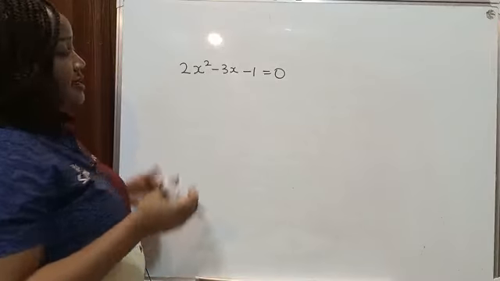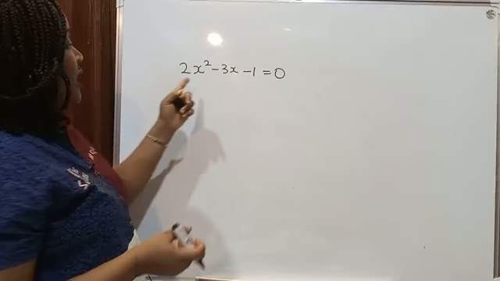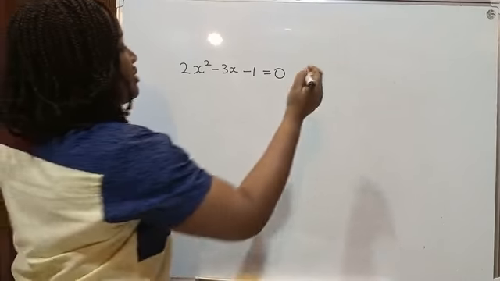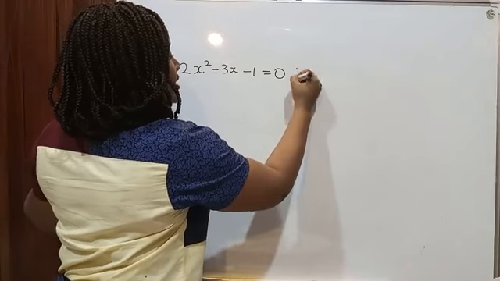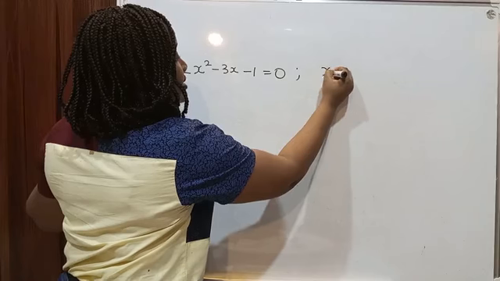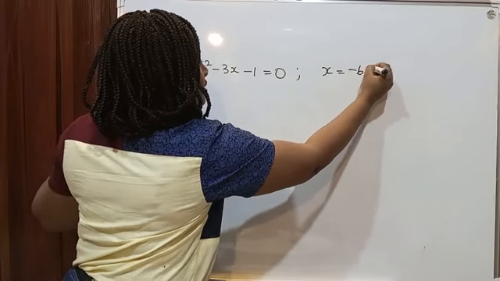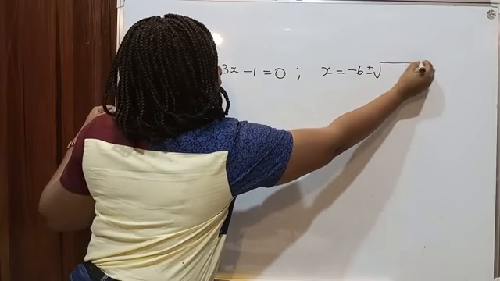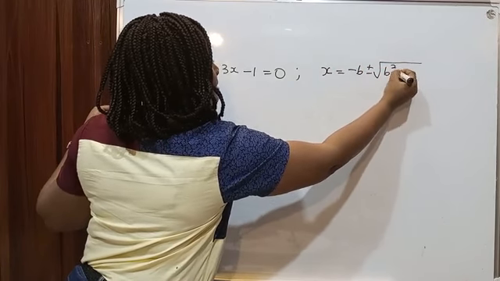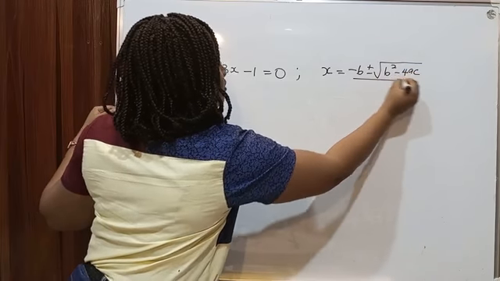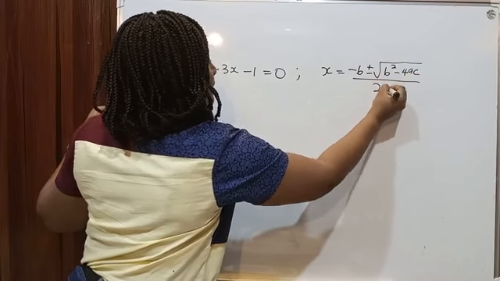Look at this. You have 2x squared minus 3x minus 1. So let's try and remember our quadratic formula. You have x equal to minus b plus or minus square root of b squared minus 4ac all over 2a.